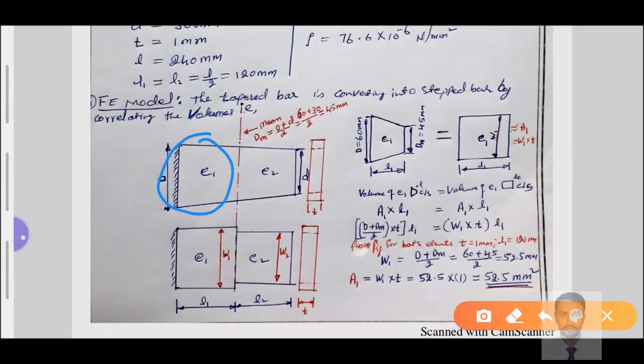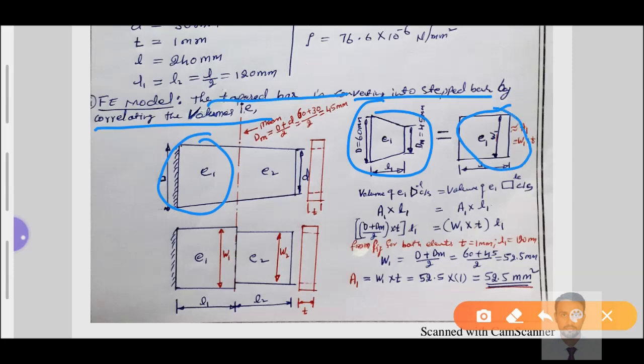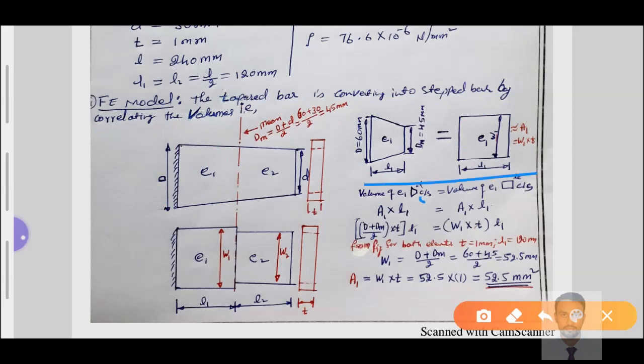I'll consider this element number 1. Now the tapered bar is converted into a stepped bar by correlating the volumes. By correlating the volumes, I have drawn an equivalent rectangular bar element here. The largest width given is d, which I have considered as 60 mm, and the mean value we have found here is 45 millimeter.